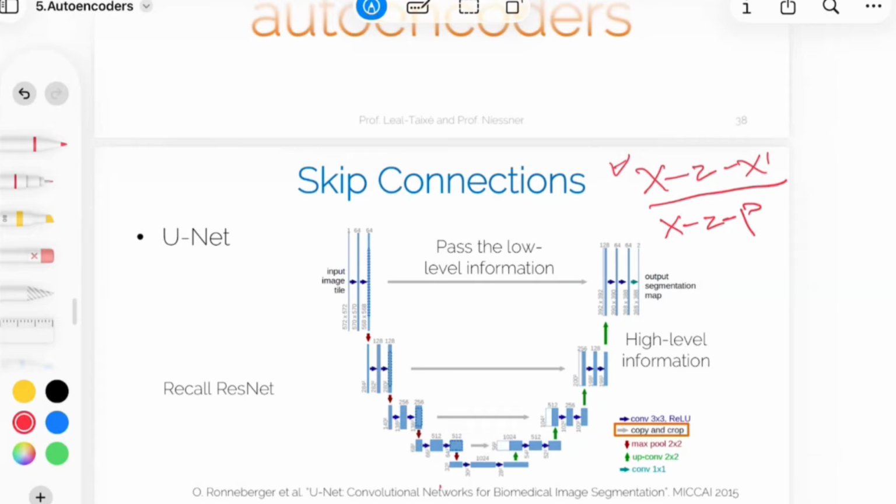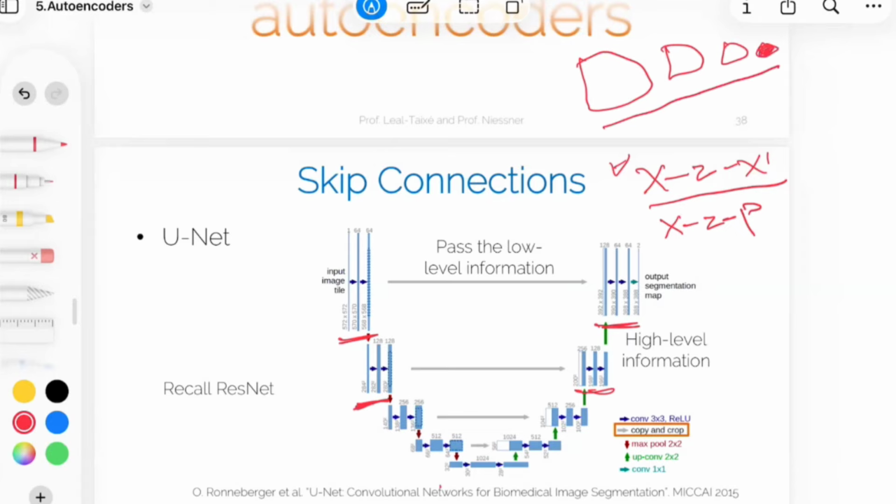And why is this happening? They justified it by saying that I am passing information between layers on the same level, because they have the same height and width. You started from the original image, then you reduce it, and finally you reach here.